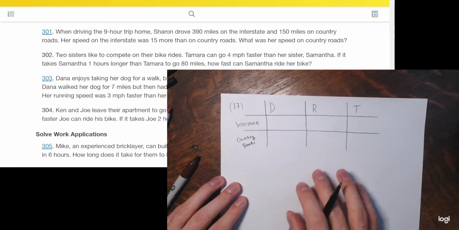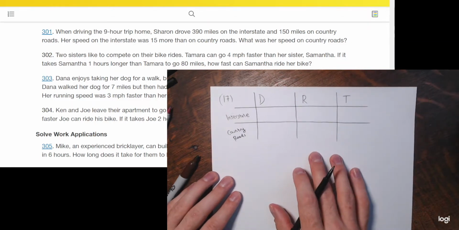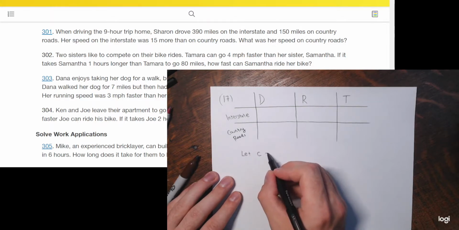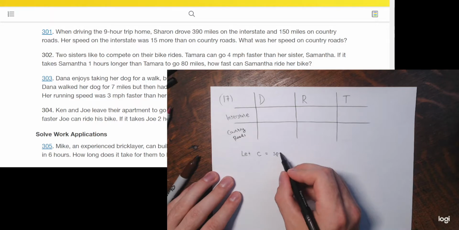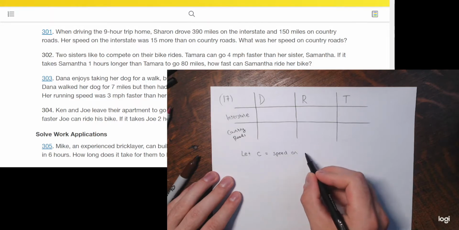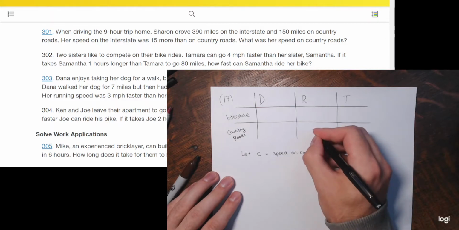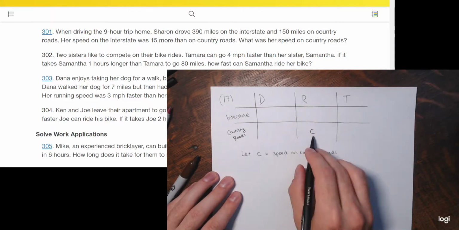And they want her speed on the country roads. So I'm going to let C for country roads be the speed on the country roads. So I'll go here under the rate for country roads.